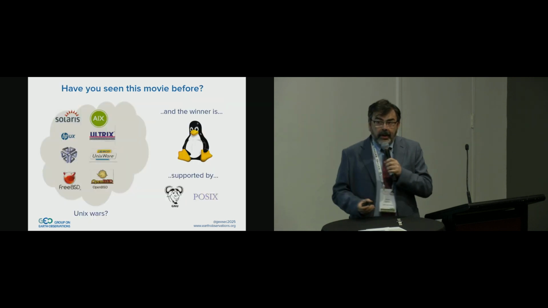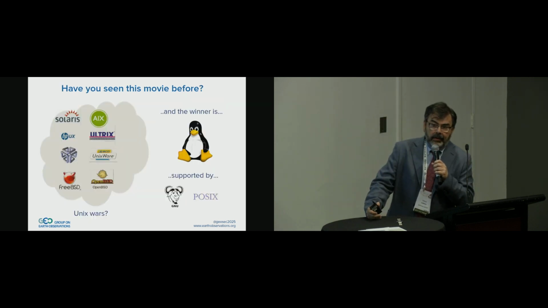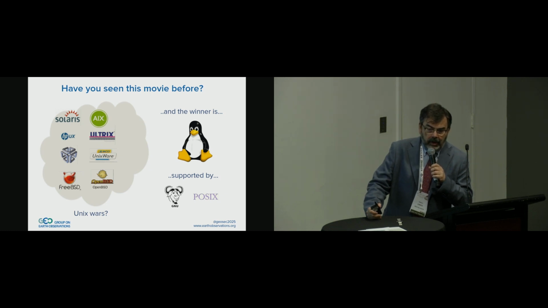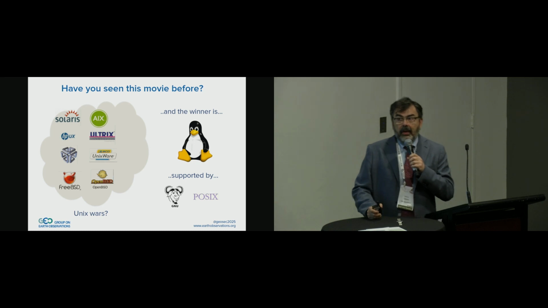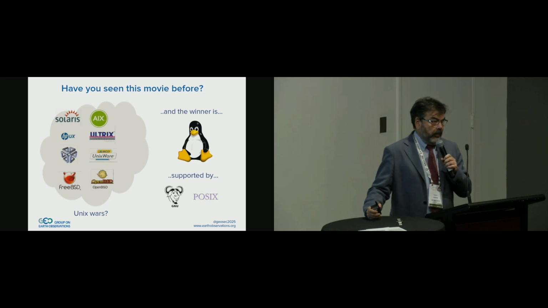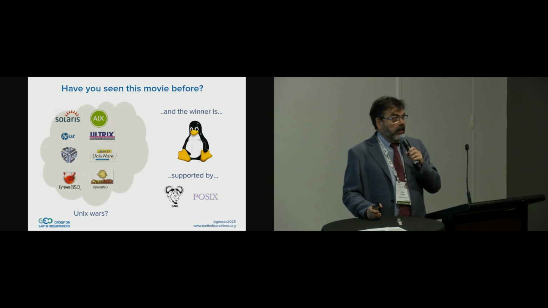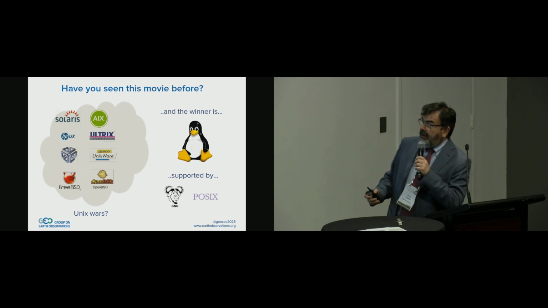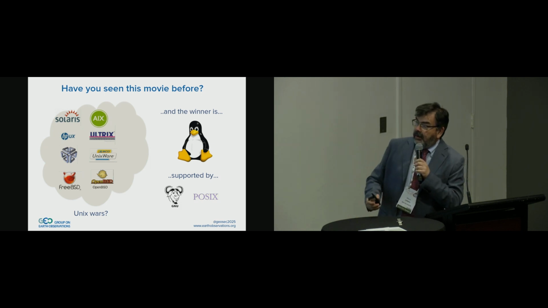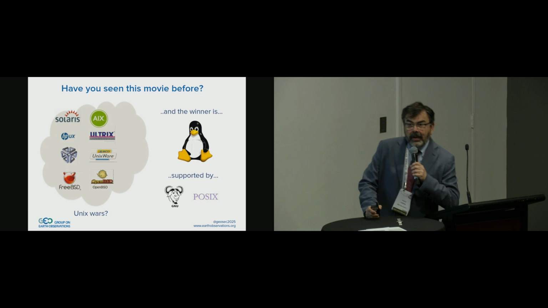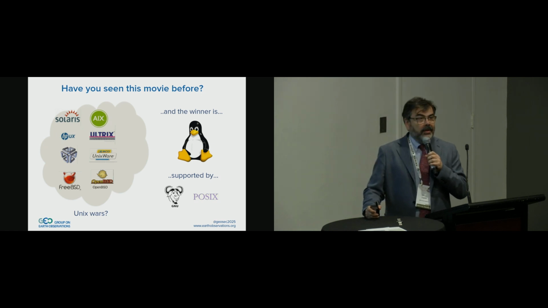Now, what has happened in the past can guide us a little bit, because we know that this is not the first time that a fragmented landscape has appeared in the world of information technology. One example, going back to the 70s and 80s, was the UNIX Wars. There was a time, I'm old enough to remember this, there was Solaris from Sun, AIX from IBM, Ultrix, UnixWare, SCO, and now they are no longer there.